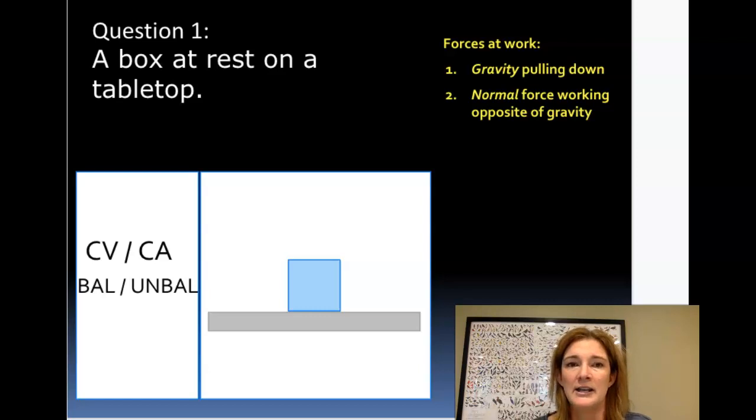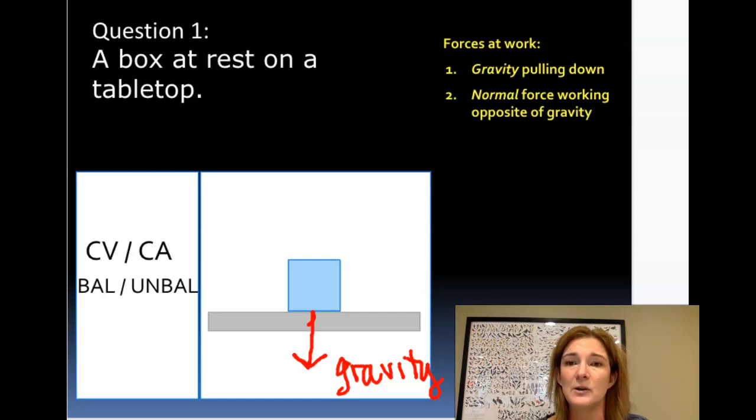If the box is at rest on the tabletop, so it's not moving, the forces at work include gravity. Gravity is always pulling on everything, so let's start by drawing our gravity arrow. There it is. Because the box is not moving, we know that the forces have to be balanced.